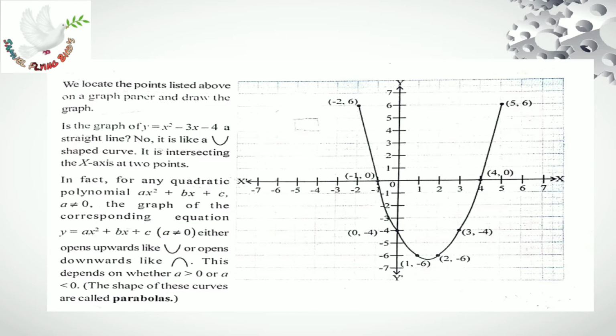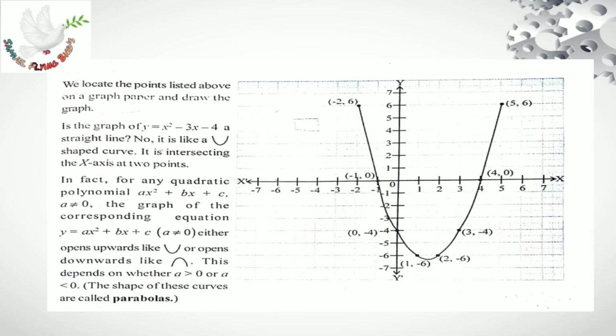Here we have p of x equal to y equal to x square minus 3x minus 4. In the previous method we solved the problem based on the tabular form.